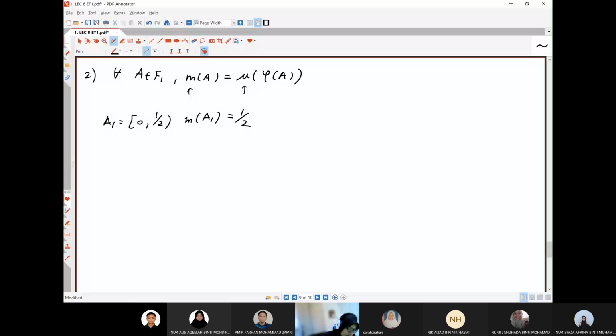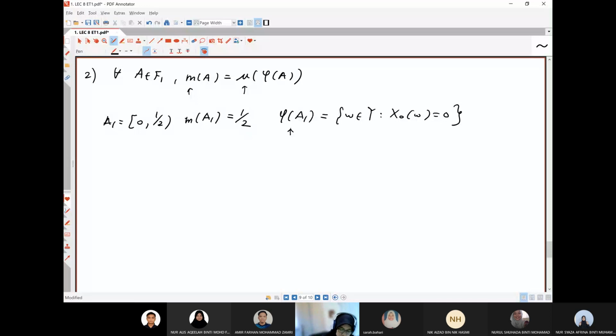Now, find the image of A1 tadi. So the image is, the first digit is 0. Okay. So you have measure. Because here mu ni, phi ni is in the sigma algebra 2.